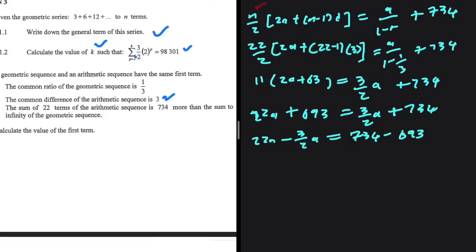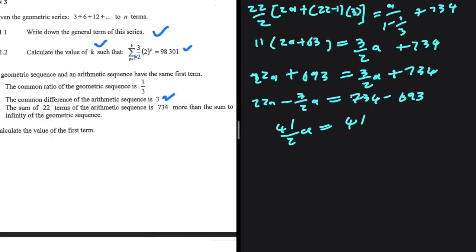What is 22 minus 3 divided by 2? We have 41 divided by 2 a being equal to 734 minus 693, which is 41. So a is equal to 41 divided by 41 divided by 2. a is equal to 2. Did you get the same answer? Just let me know in the comments.